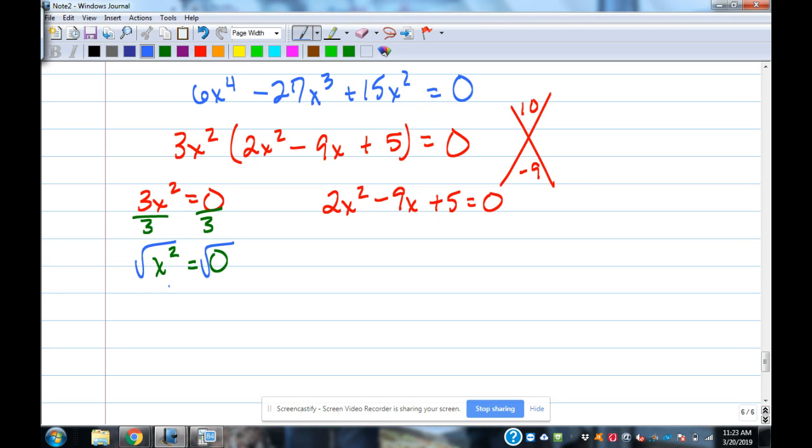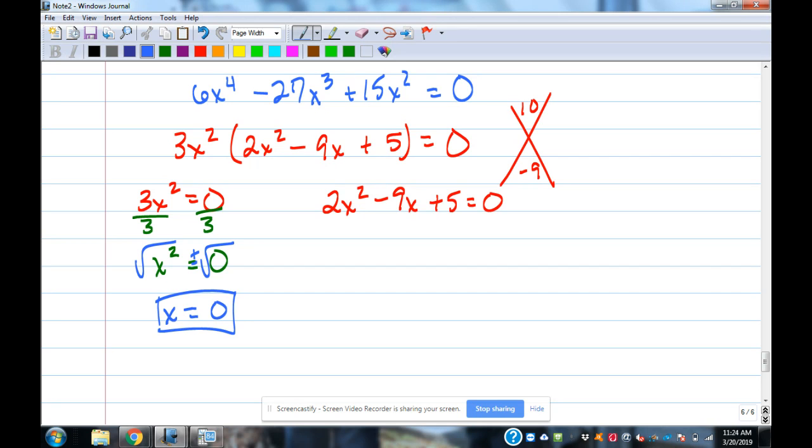Plus or minus on that side, technically. But the square root of 0 is 0. That counts twice because it came from an x squared. So when we start counting up how many answers we got, this 0 has what's called a multiplicity of 2. That's the reason it counts twice.